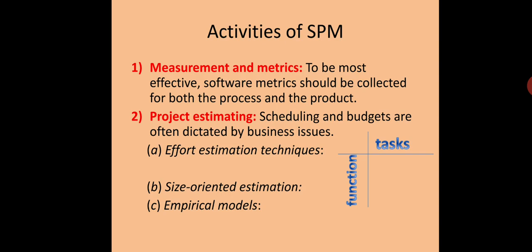Another metric used is product metrics. Product metrics basically measure the technical characteristics of the software, so that we can know the quality of a given project.